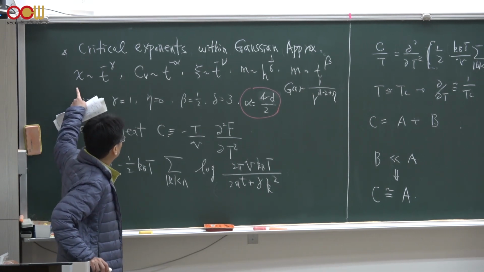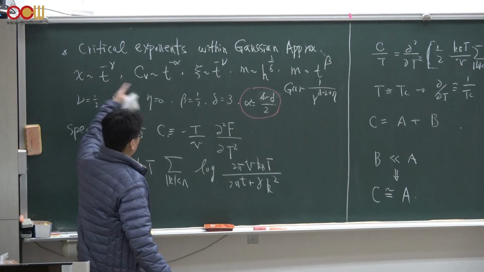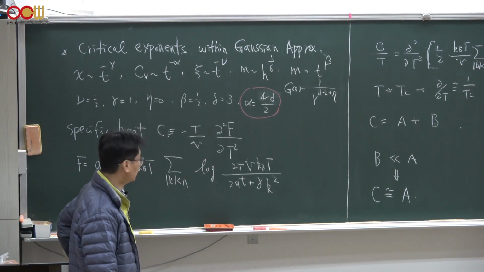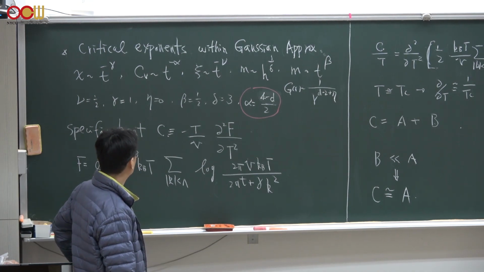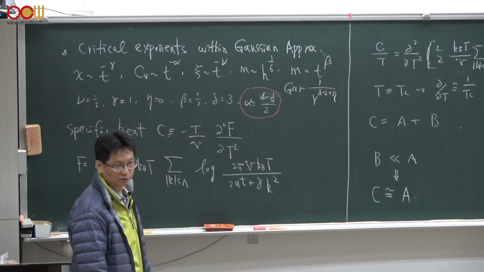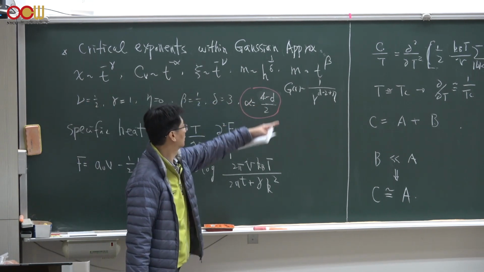Specifically, we would like to check whether we could reproduce or give different results from the mean field predictions regarding the critical exponents alpha, beta, gamma, delta, and nu, which we already defined.